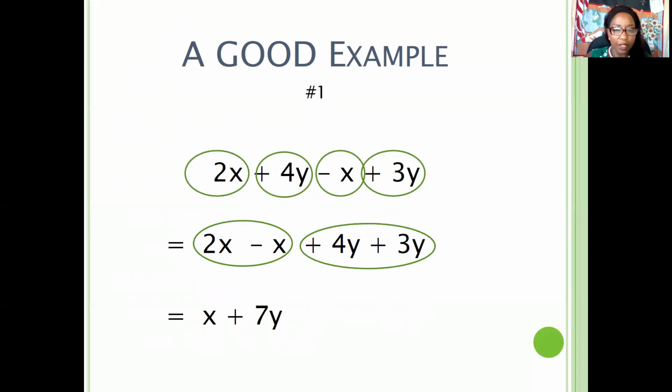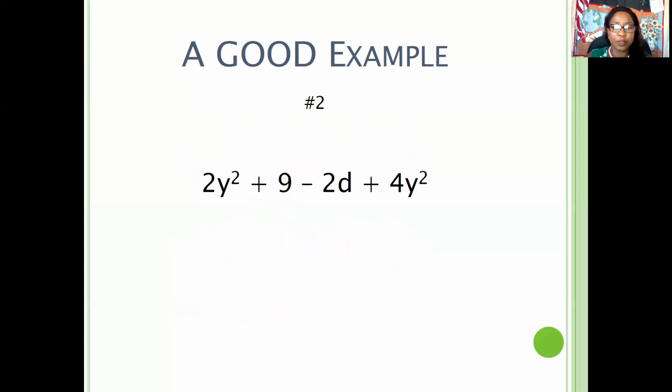Final answer, 2x, take away 1x, is x, and 4y plus 3y is 7y. Please make sure that you still have that operation in the middle. Final answer, x plus 7y. And don't forget, have paper and pen or paper and pencil, take down these examples.